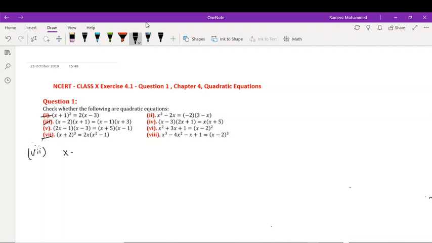What he said is: (x plus 2) whole cube is equal to 2x(x square minus 1). Cool. To expand x plus 2 whole cube, we should know the formula of (a plus b) whole cube. I made a sample video for you guys, so you can check out that video.